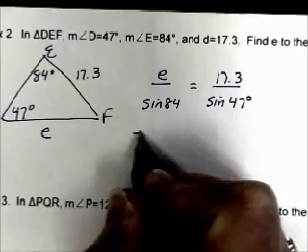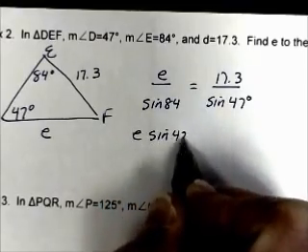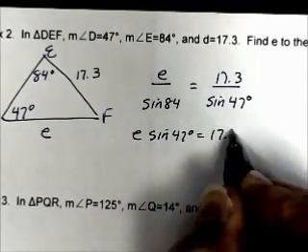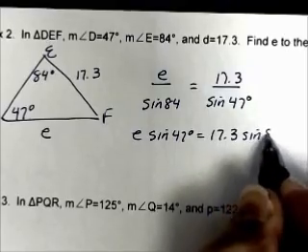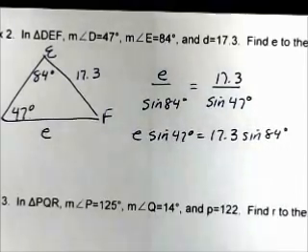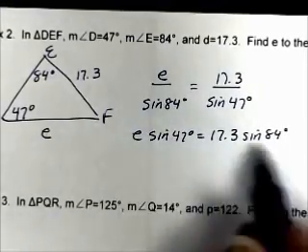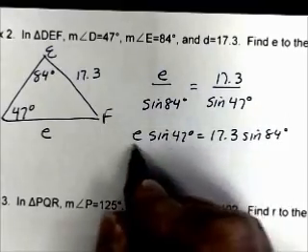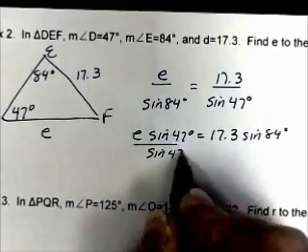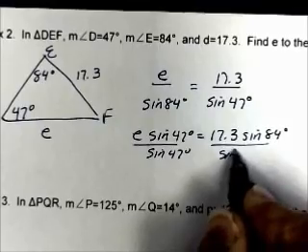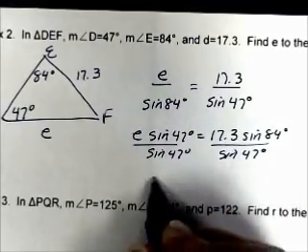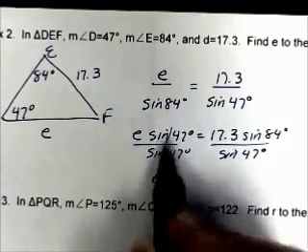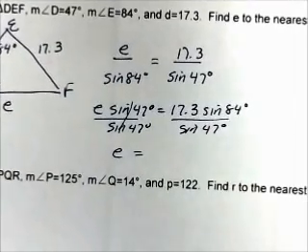Cross multiply: e times sine 47 equals 17.3 times sine 84. We want e by itself, so we divide by sine 47. So e equals 17.3 sine 84 divided by sine 47.